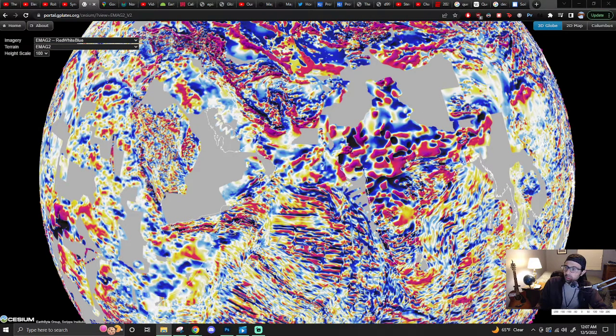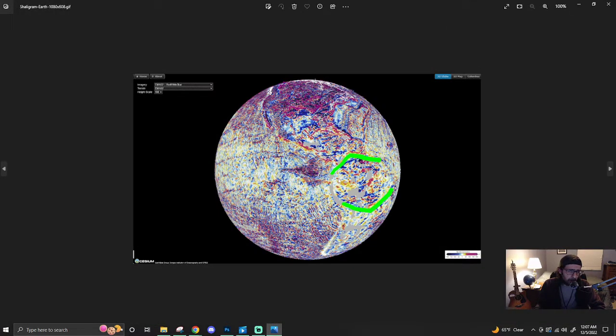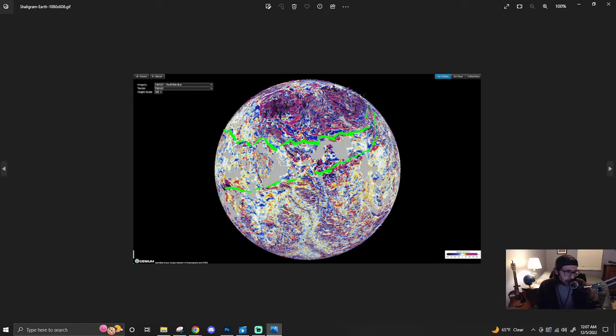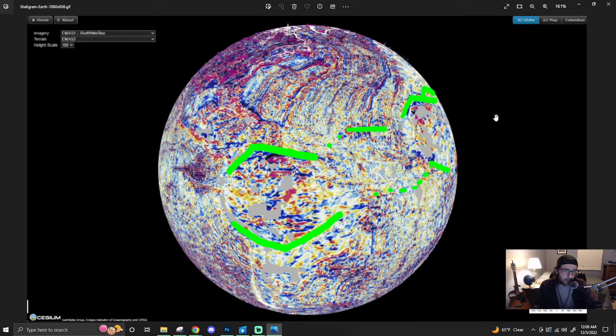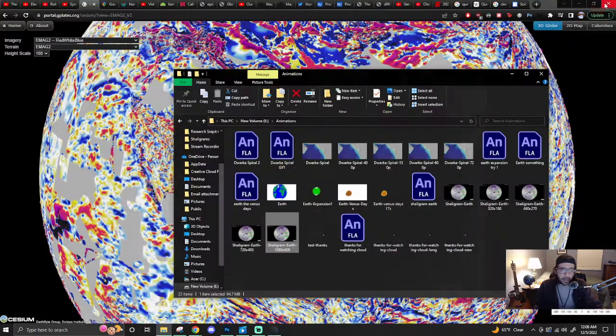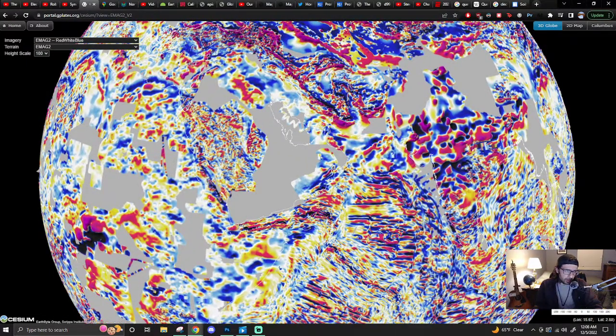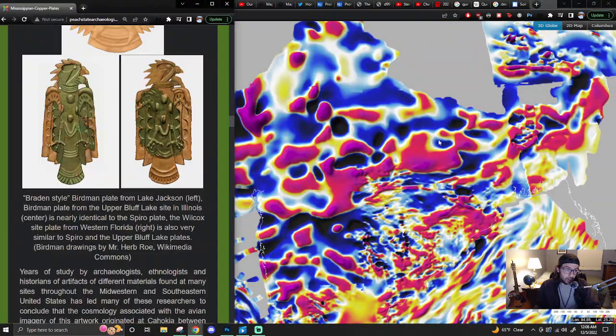If I go to my animations, just pull this up. Basically, this boundary, so that boundary is probably the outer wing of a side.